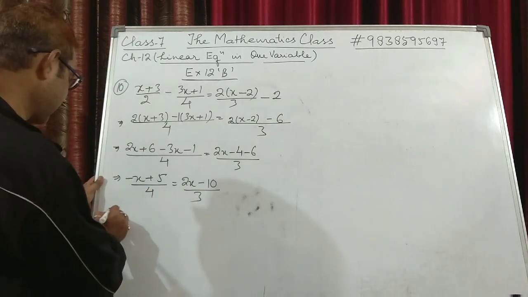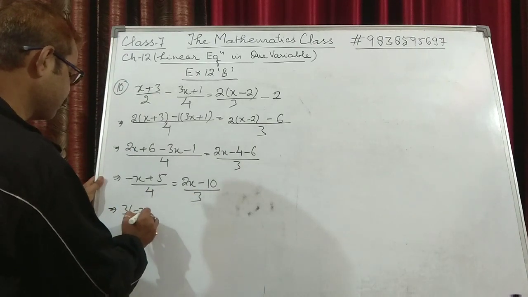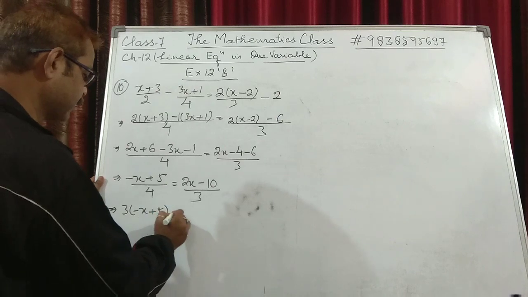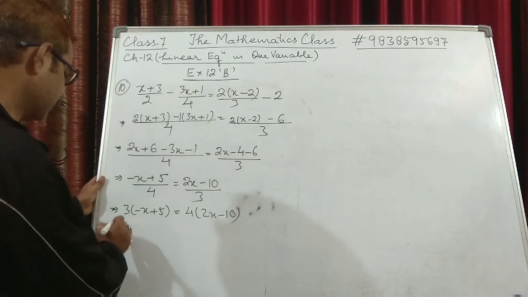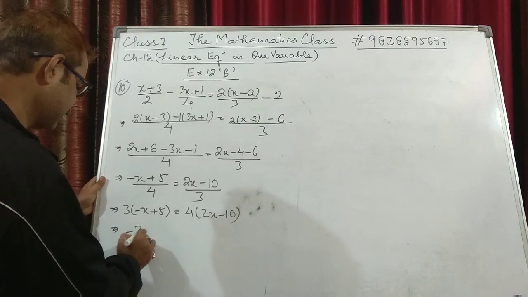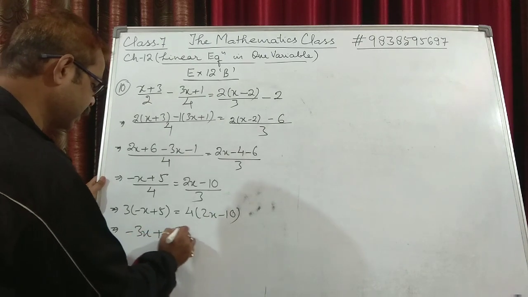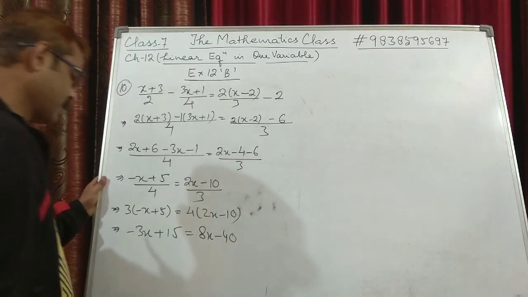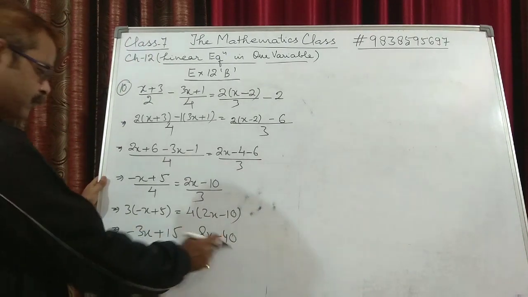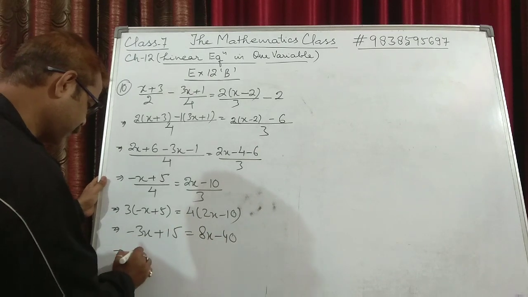Cross multiply. So 3 times of minus x plus 5 is equal to 4 times of 2x minus 10. So this becomes minus 3x plus 15 is equal to 4 2s are 8x minus 40. Now minus 3x goes to the side, 40 comes to the side. So 40 will become positive.